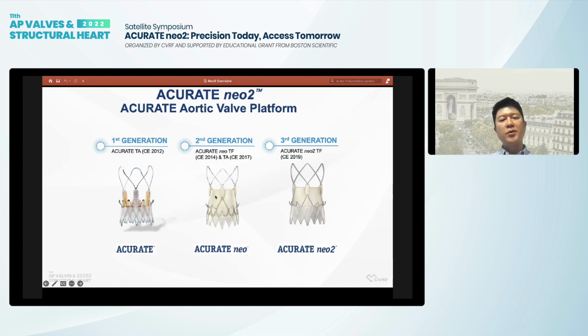It's more supraannular, and it seems to be a little bit less bulky than the ACURATE system. The third generation, which is in clinical use in Europe, is in the process of an IDE trial in the US, and will soon become available in Korea, is the ACURATE neo2. The difference between the ACURATE neo 1 and 2 is mainly a sealing skirt to reduce PVL, and also the presence of a radiopaque marker that facilitates positioning.